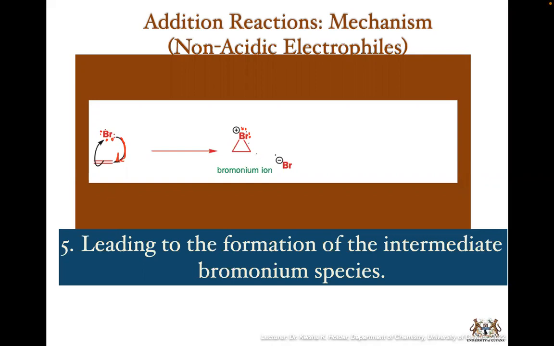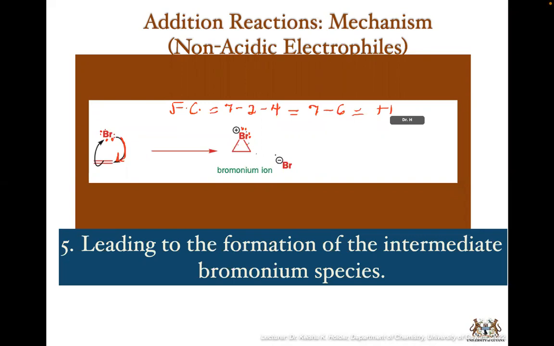So let's do that. Formal charge is equal to group number, and bromine is in group 7, minus the number of bonds, 1, 2, minus the number of electrons in a lone pair, 1, 2, 3, 4. And so that would mean 7 minus 6 is equal to +1.